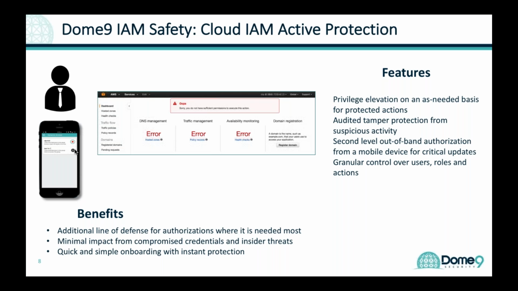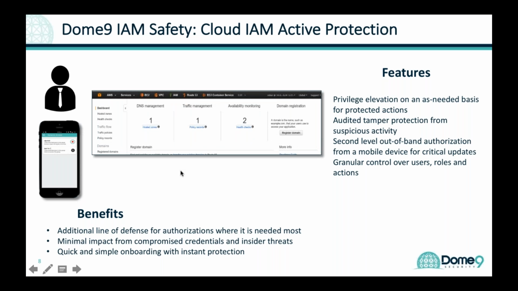Even there, it's not just keeping it open or giving admin access all the time. It is for a limited window, 15 minutes, during which you have access to those actions. You can go and look at your DNS entries, modify them, set anything you need, and then you come back out. And we have audited tamper protection.